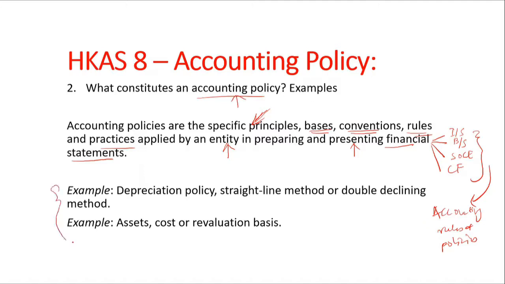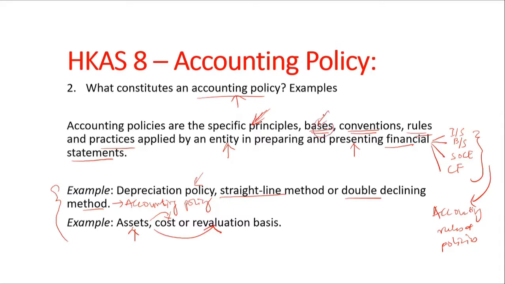So I have given 2 examples in here for general depreciation policy. So for example, straight line method or double declining method, it's an example of accounting policy. Similarly, at what basis the company measures their assets. So the company can either measure the asset at cost or revaluation basis, right?